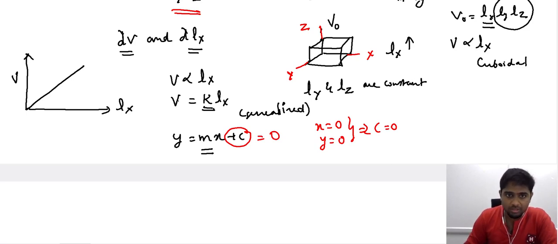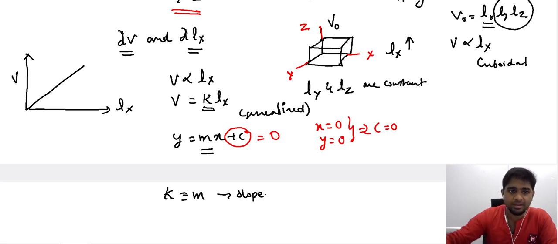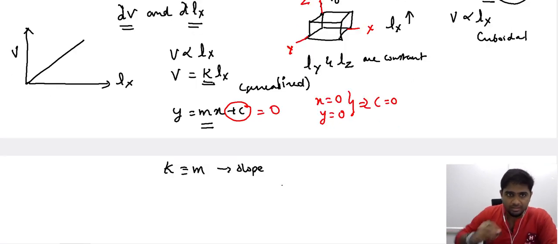Here V, the volume, is the dependent variable, Lx is the independent variable x, and K is equivalent to M, which is nothing but the slope. Now when you have a straight line, the slope, for the straight line here, is nothing but dV by dLx. So dV by dLx is the slope.